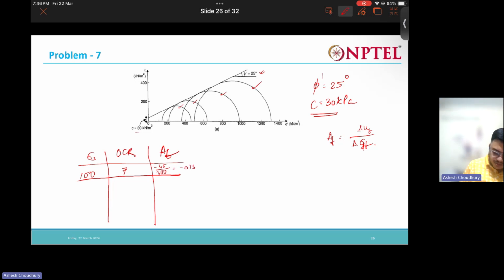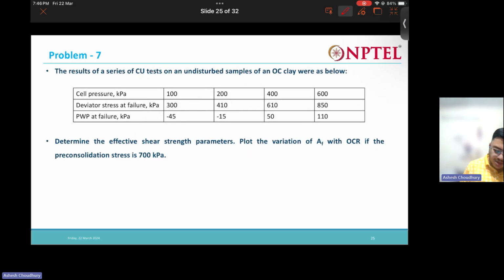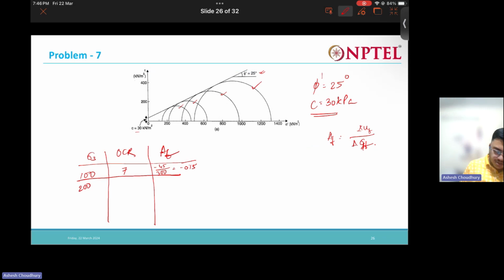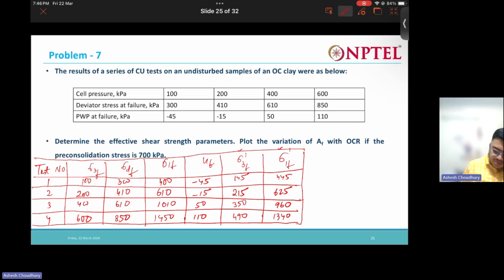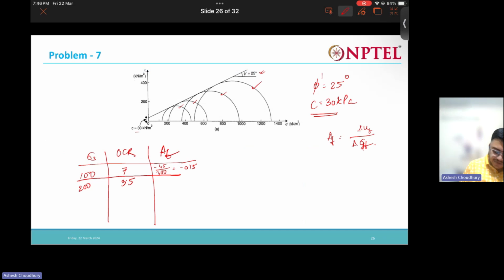Now again for 200, OCR will be 700 by 200, so 3.5. And AF will be minus 15 divided by 410, which gives us minus 0.03.